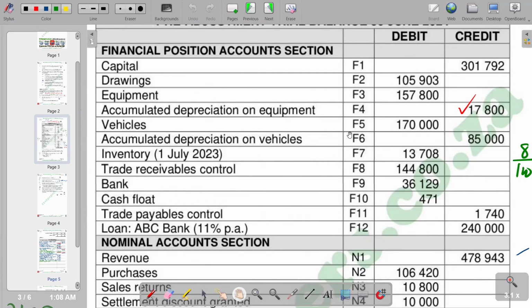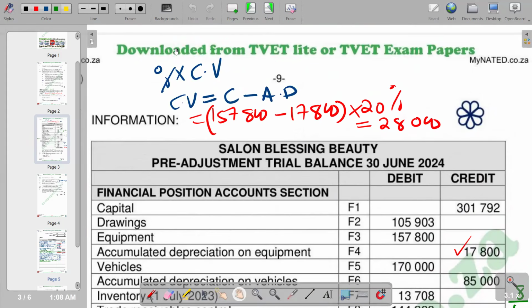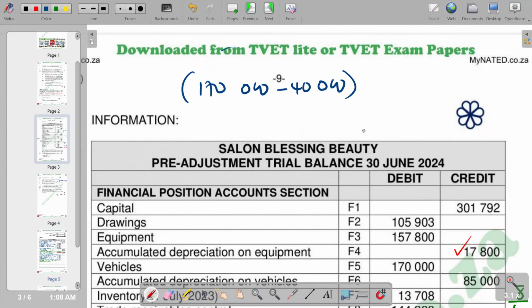So basically on our calculation, to calculate the vehicles that were there for the whole year, we are saying 170,000 minus 40,000. Then we get the vehicles that were there for the whole year.